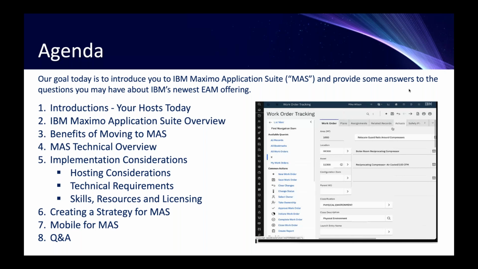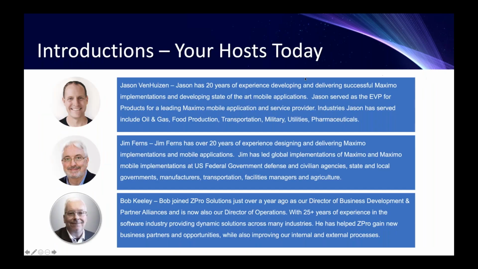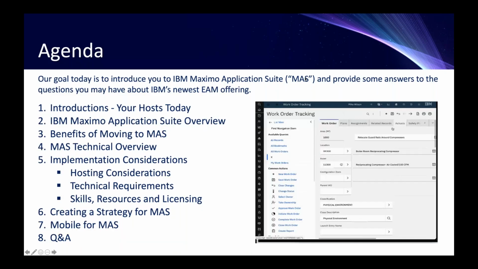Of course, we want to also help you to better understand a strategy that you can use for implementing Maximo 8. And then we also will be talking about mobility for Maximo Application Suite because there are some options, and we want to make sure that you understand the options, not only provided by ZPro Solutions and Sharptree, but also IBM themselves. We will have time for a Q&A.